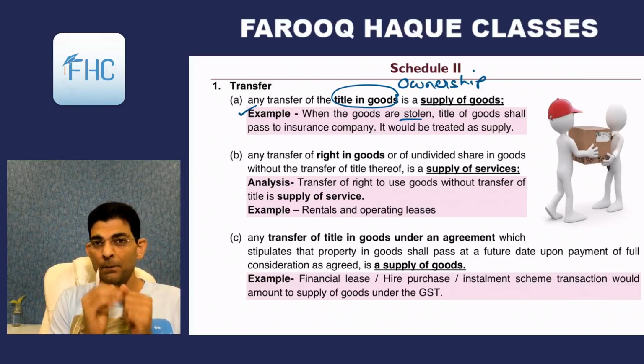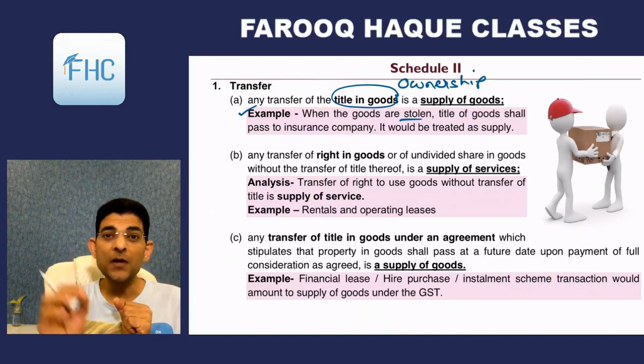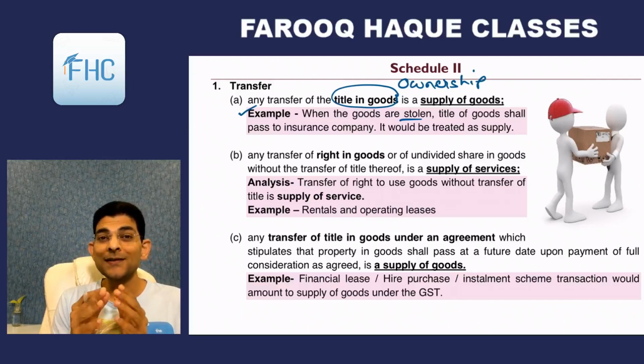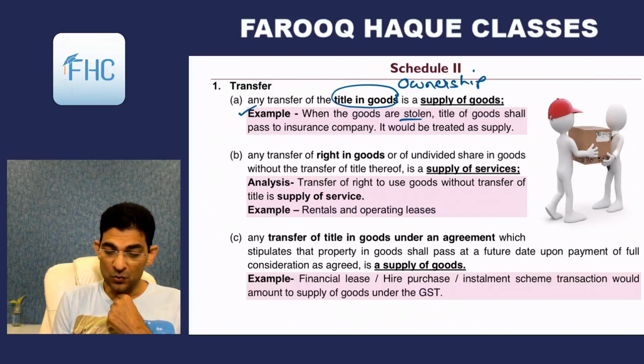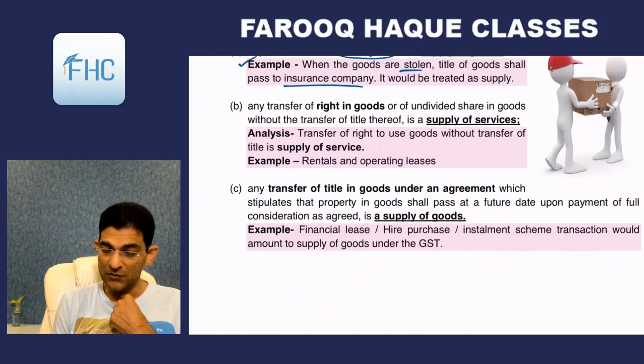But if you have got these goods insured and you claim insurance compensation, then yes, it will be regarded as transfer of goods, because the title passes on to the insurance company, right? So when the goods are stolen, the title shall pass to the insurance company, but this would happen only if you have insured the goods. Good. Then it will be called a supply of goods.